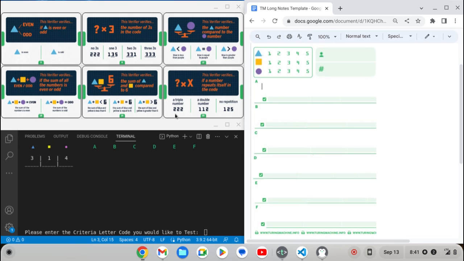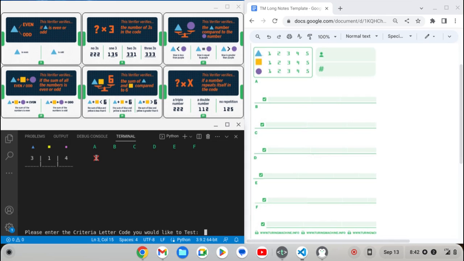And remember, the objective of today's puzzle is to find that unique 3-digit code that abides by all the 6 criteria cards. We're going to start off with an initial proposal of 314. The first thing I want to test is I want to know a little bit about that triangle digit. So let's go ahead and test criteria card A.